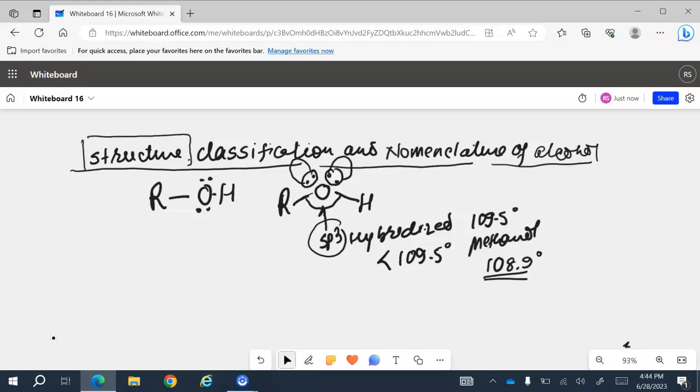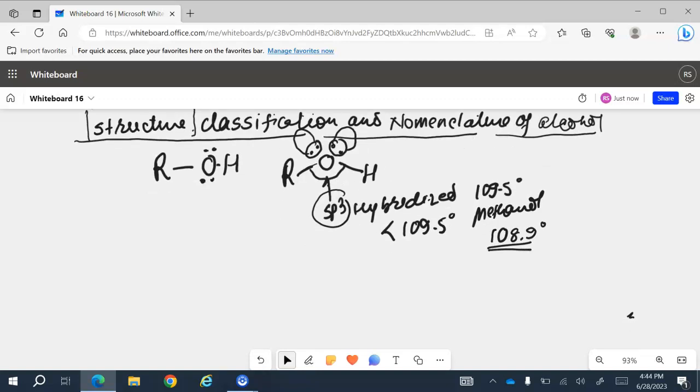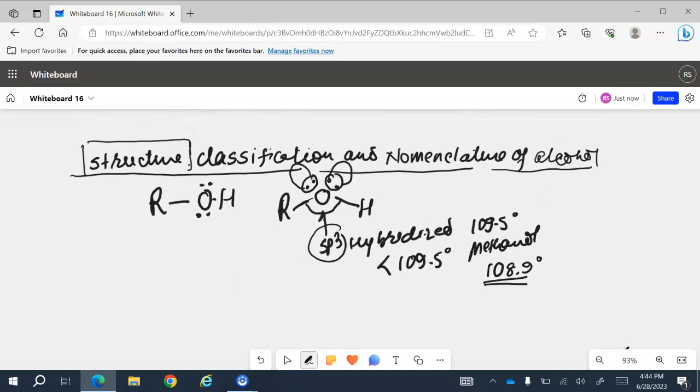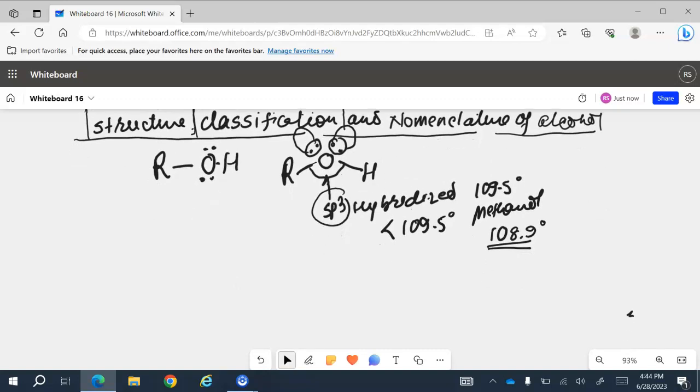Now the next item we want to talk about is the classification of alcohol. Based on the type of carbon to which the OH group is attached, alcohols are classified into three types.